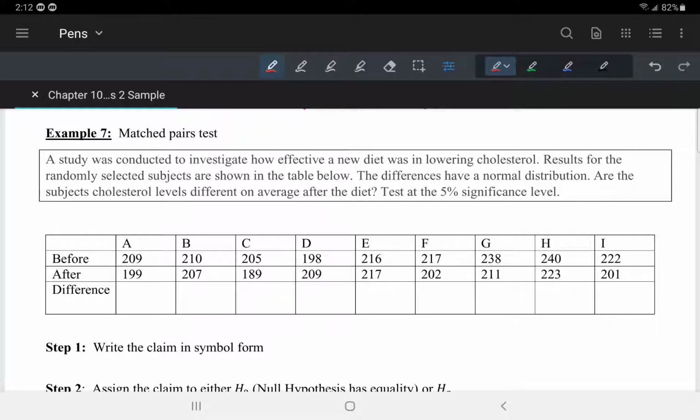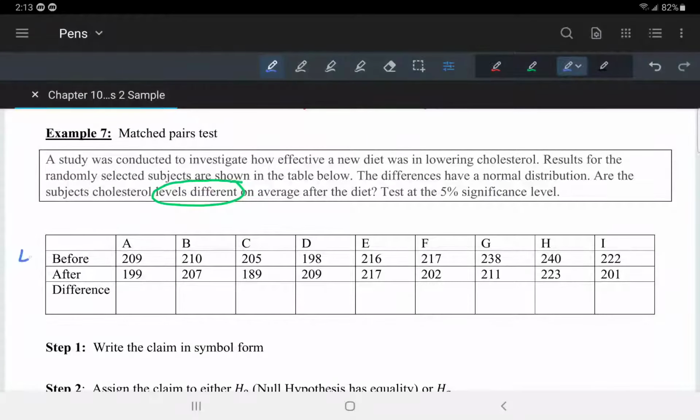Okay, so here we're given a bunch of data, and we're going to do some calculations with our calculator. So first, let's write the claim. Are the subjects' levels different on average? We're going to just think about the differences here. So first of all, let's calculate these differences.